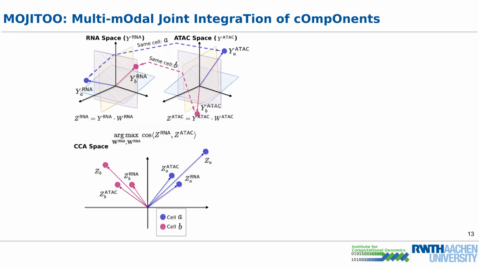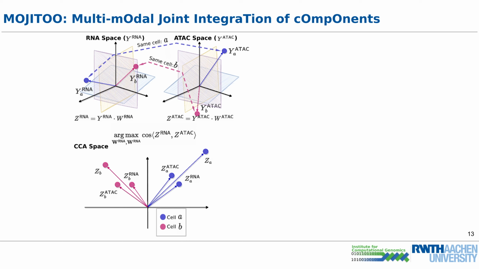The idea of MOJITOO is using canonical correlation analysis. Here we show the geometrical interpretation of CCA. Taking RNA and ATAC, for example, the inputs are RNA and ATAC dimension reductions. As we can see, cell A and cell B have different coordinates in RNA and ATAC space.